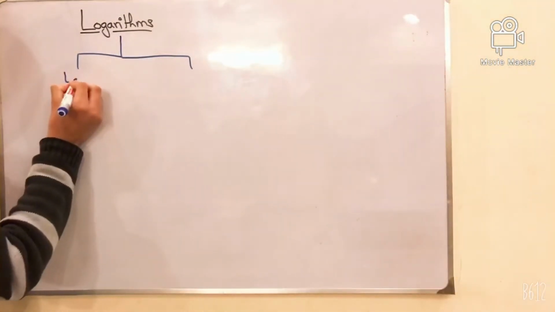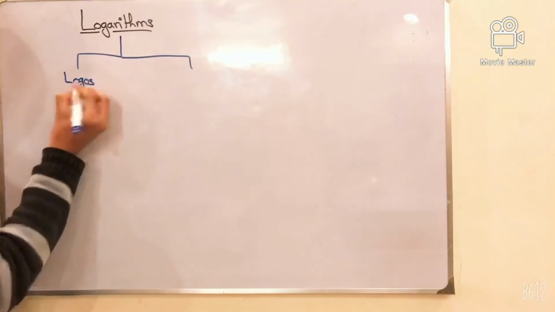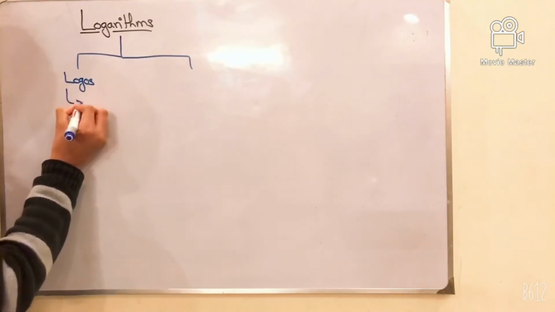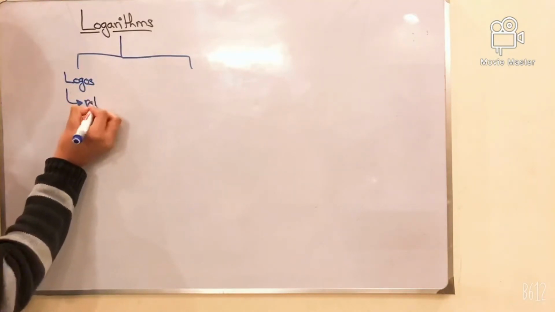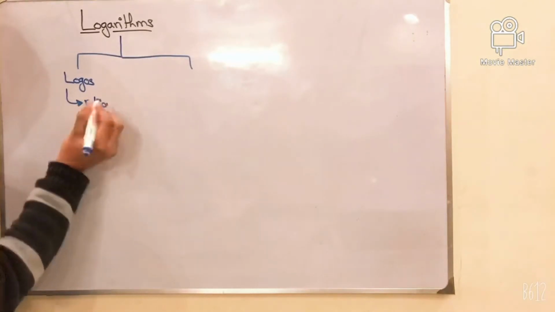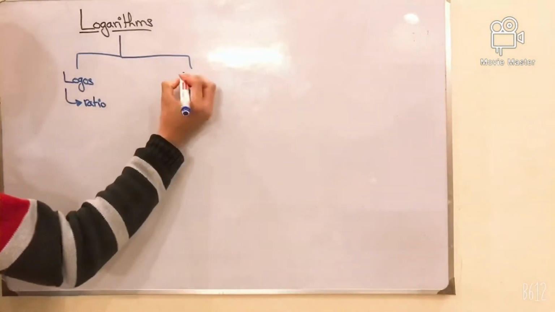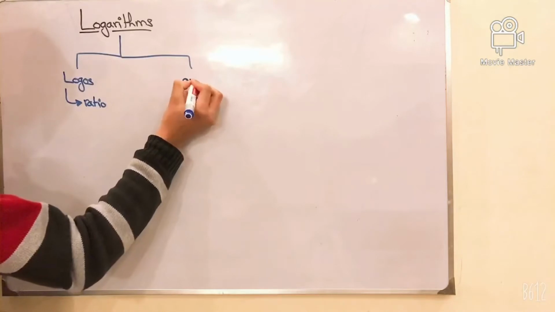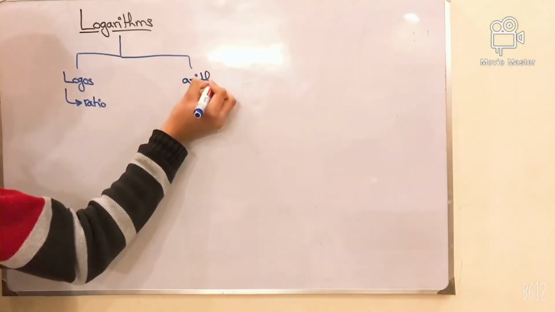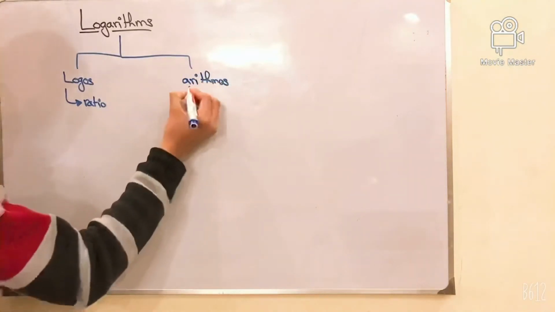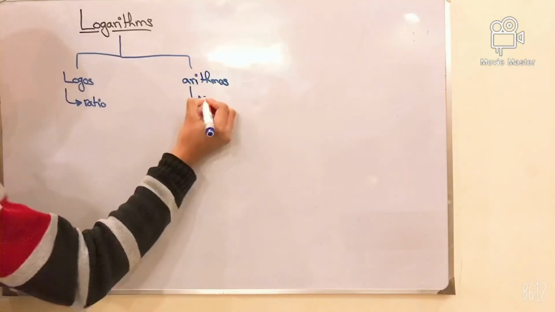One is logos, which means ratio, and other is arithmos, which means number.